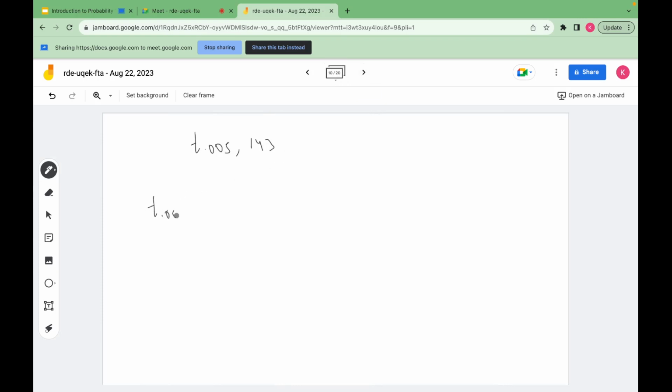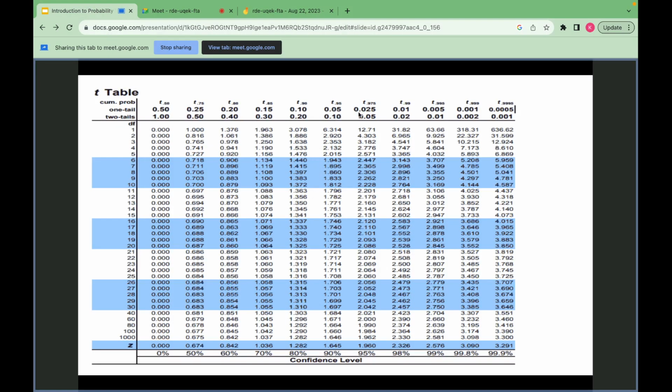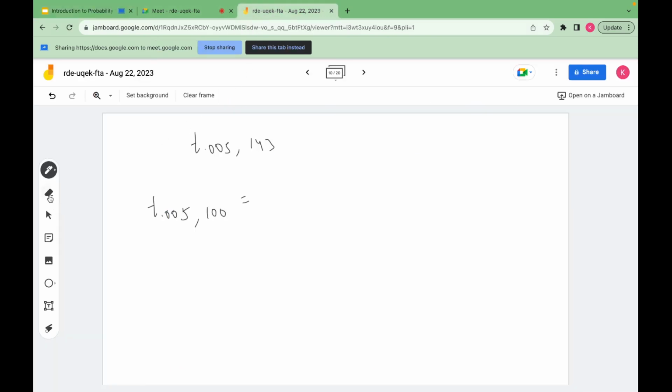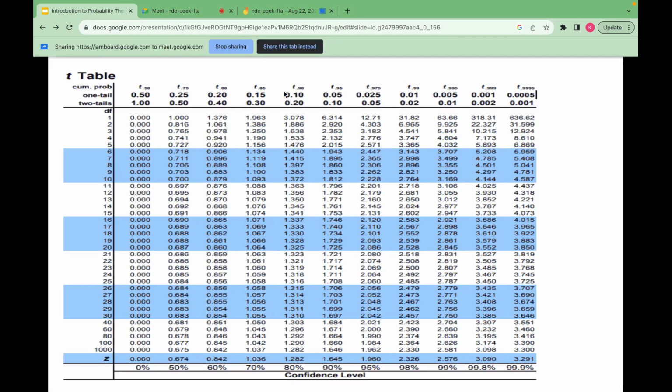So we know this t is 0.05 and degree of freedom 100.